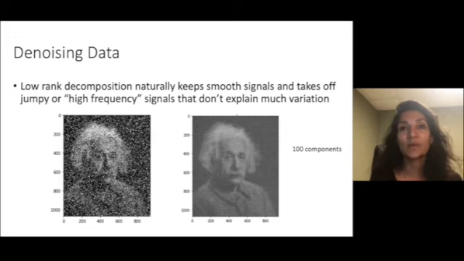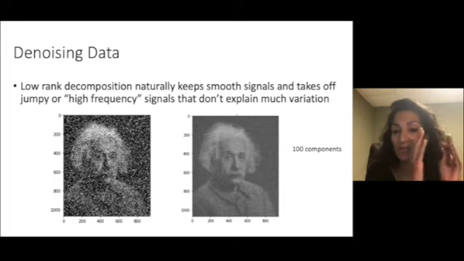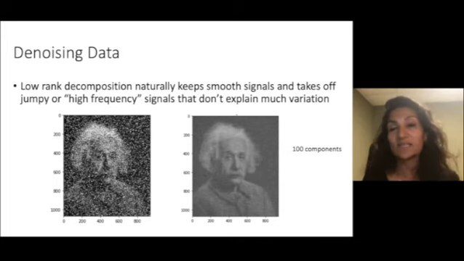And the final application I'll talk about for low-rank approximation today is denoising the data. Usually, when we have noise in the data, it can be anywhere. It can be all over our data features. Here, I've added what's called salt and pepper noise, which substitutes 1 for about a quarter of the pixels and 0 for about a quarter of the pixels here. But when you do singular value decomposition, you have reordered the features so that they can go from the ones that explain the most variance to the least variance.